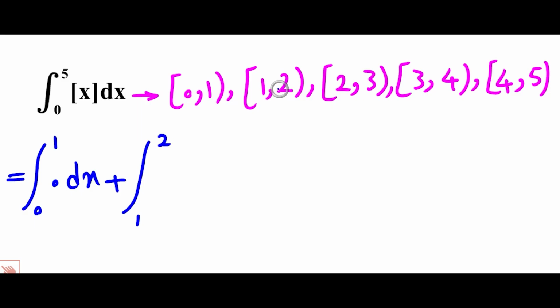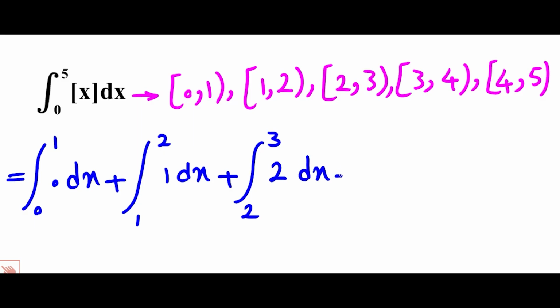And as you know, on the interval from 1 to 2, the floor of x is 1, dx, plus the integral from 2 to 3. On the interval from 2 to 3, the floor of x is 2, dx.